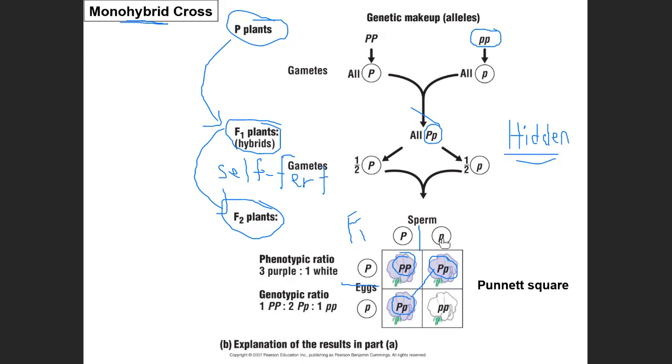He says, yeah, but there's just as much chance that this sperm carrying this recessive allele fertilizes this egg carrying the recessive allele. And Reginald Punnett says, and this explains what happened to the trait in the F1 generation, why it's hidden. There are two different alleles that code for flower color. One of the two alleles codes for recessive flower color white. And the only way we're going to see this recessive phenotype is if the offspring is homozygous recessive.